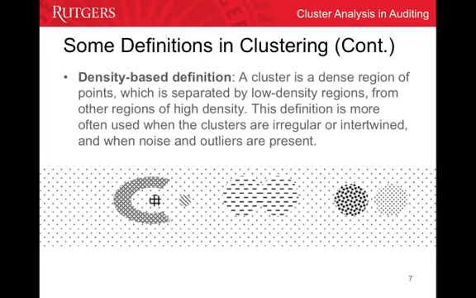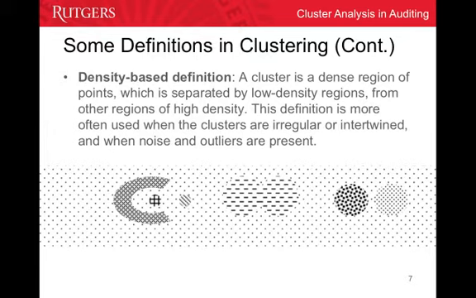According to the density-based definition, there are two groups of points separated into two clusters because the density of the noise is lower than the density in these two groups of points.